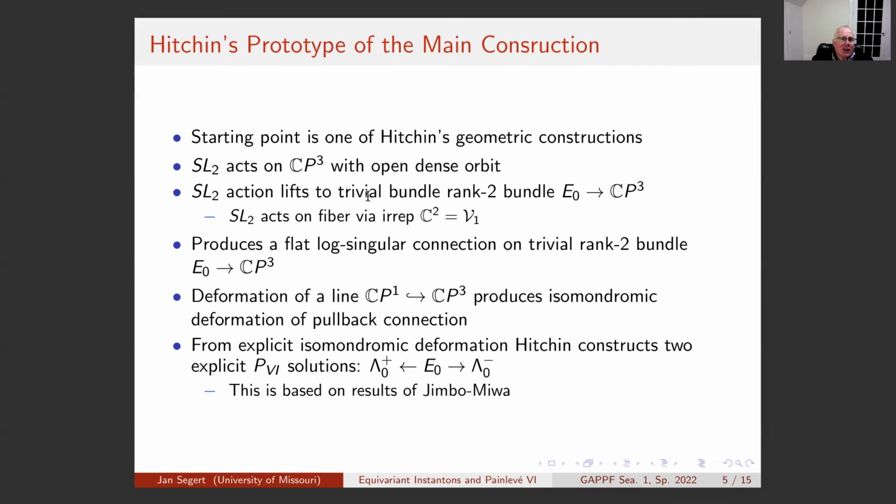So it's a lift to a trivial vector bundle, but it still acts non-trivially on the vector bundle, but acts in a fairly simple way. So it acts the same way on each fiber. Okay. Then what Hitchin did from that, by essentially inverting the Lie algebra that acts on both those things, is produce a flat connection that's log singular. There are some places where the orbit isn't three-dimensional, singular there on this trivial rank 2 bundle.